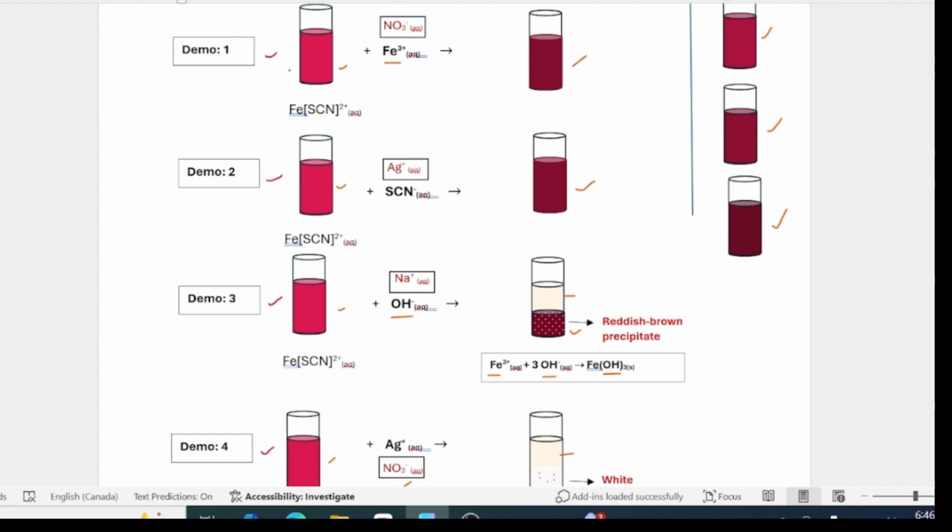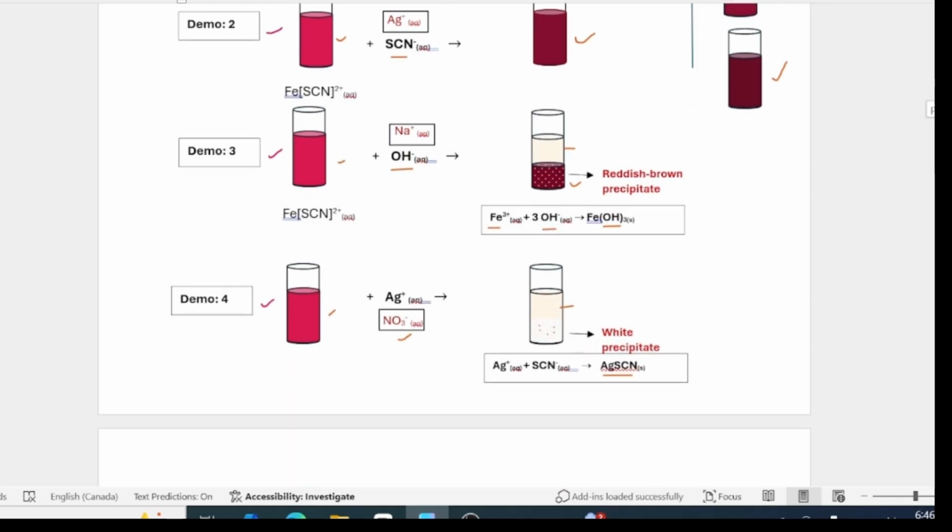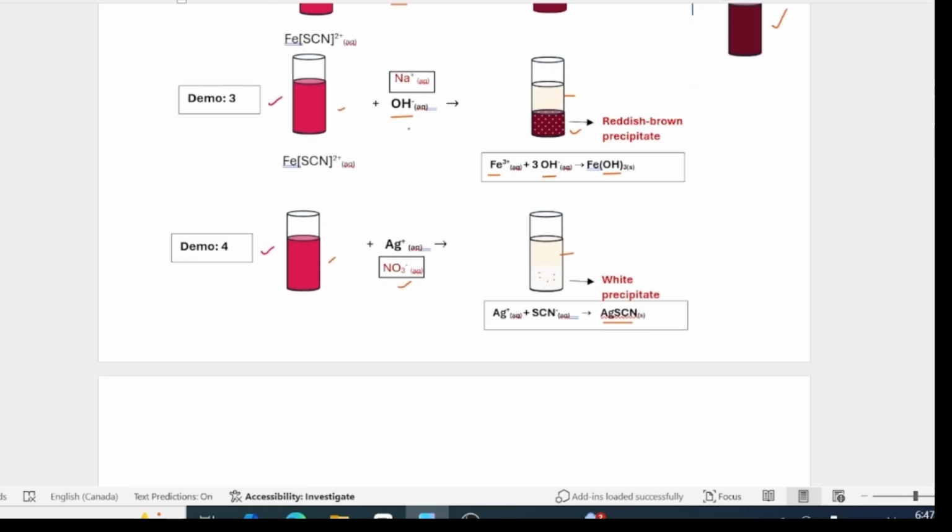In this first demo, iron 3 ions were added to the equilibrium mixture and a darker solution was obtained. The same thing happened when thiocyanate ions were added to the equilibrium mixture. A darker solution was formed. In demonstration 3, when sodium hydroxide was added to the equilibrium mixture, a reddish-brown precipitate was formed and the solution became lighter in color.